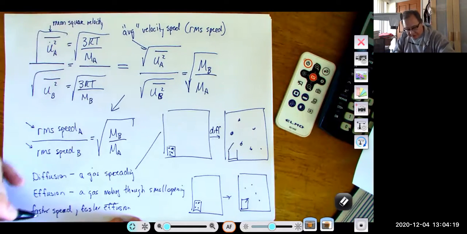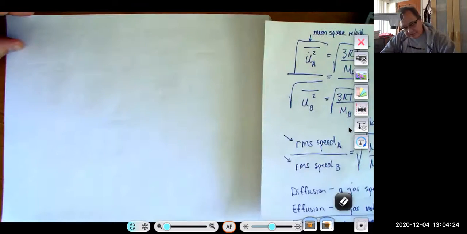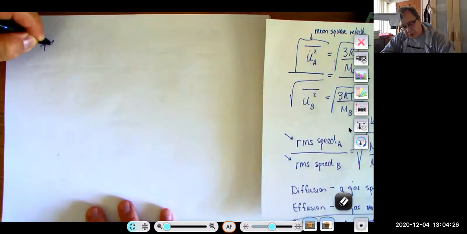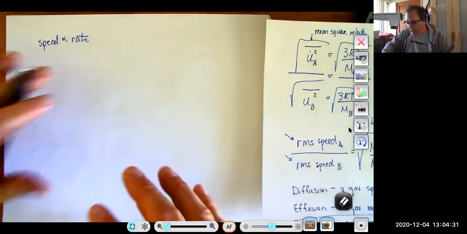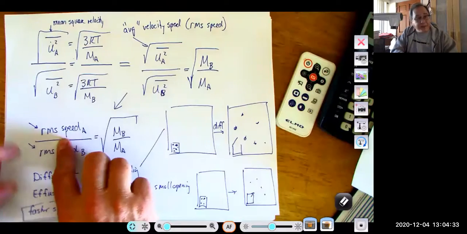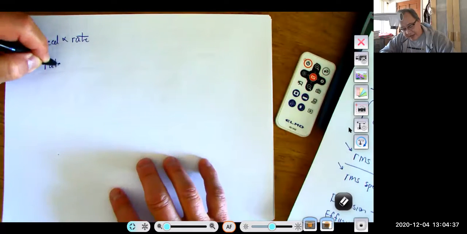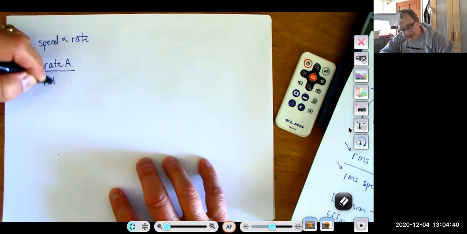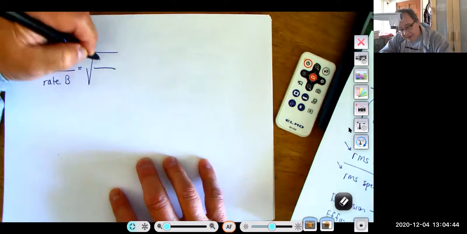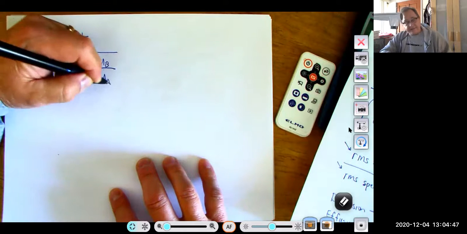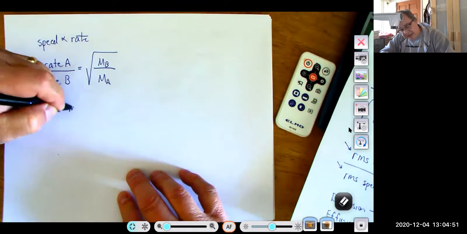So when we talk about speed, speed is proportional to rate. So since the speed is proportional to the rate, we say the rate of gas A over the rate of gas B is equal to the square root of the molar mass of B over the molar mass of A.